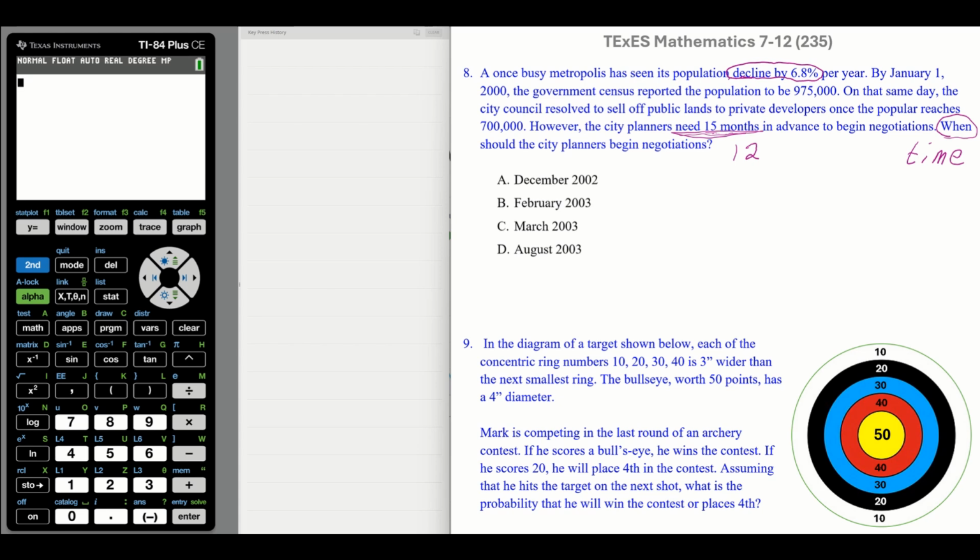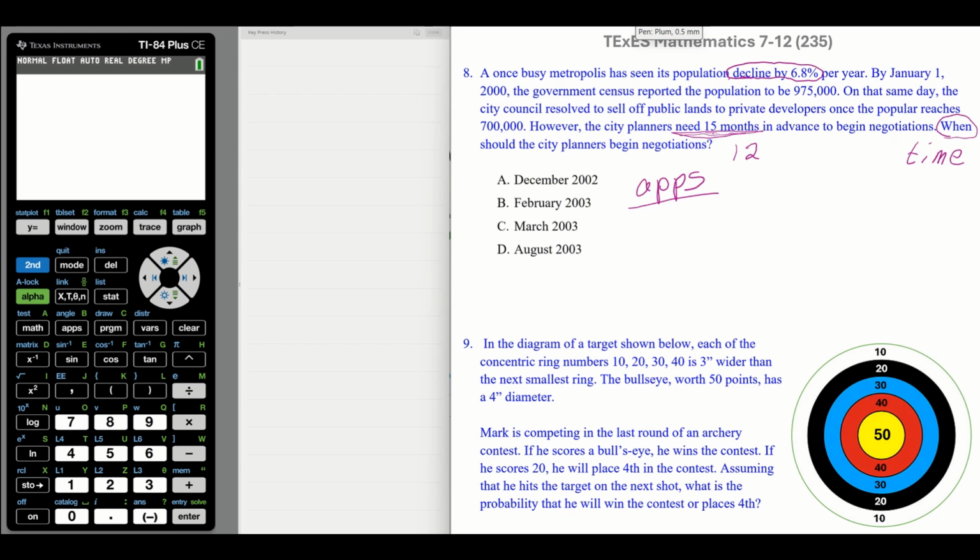And yes, I am going to use the apps button on our calculator. How do I know I can do that? Because we're talking about months compounding every month. That's what's going on with this situation. You may not see it, but that's how we can put it in the calculator. Those are all clues for me.